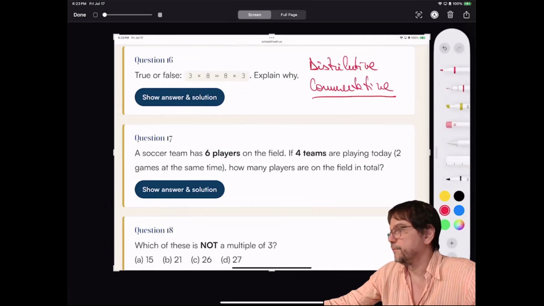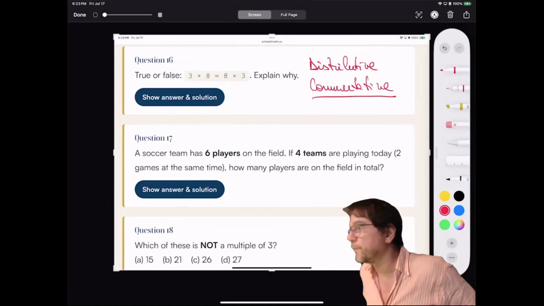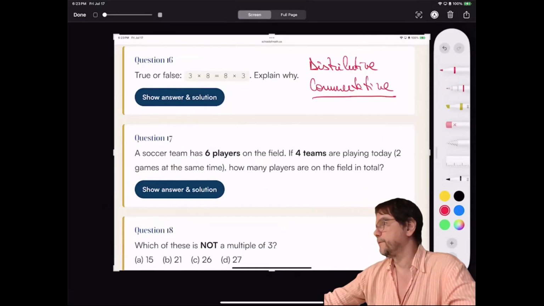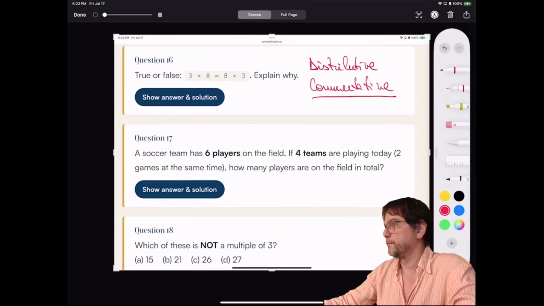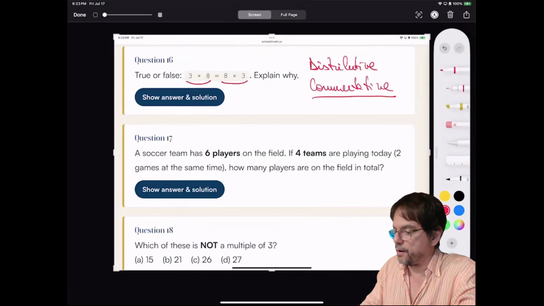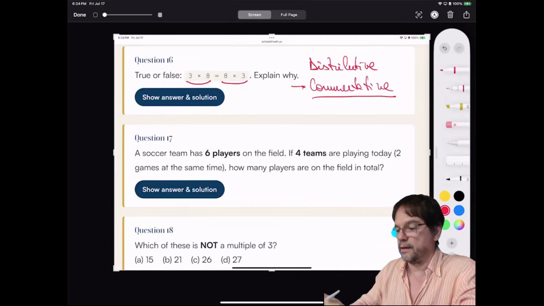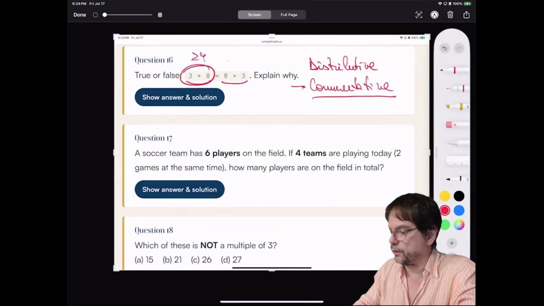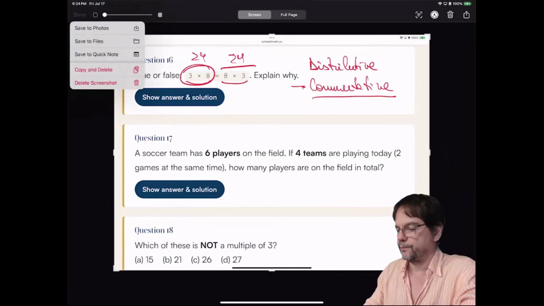Okay, the fact is not related, but at least you can remember the words. You commute by plane, same destination, but you take another plane. So here the order doesn't matter. That is commutative. You can commute and nothing changed, 24 and 24. That's the reason why it's true. Okay?